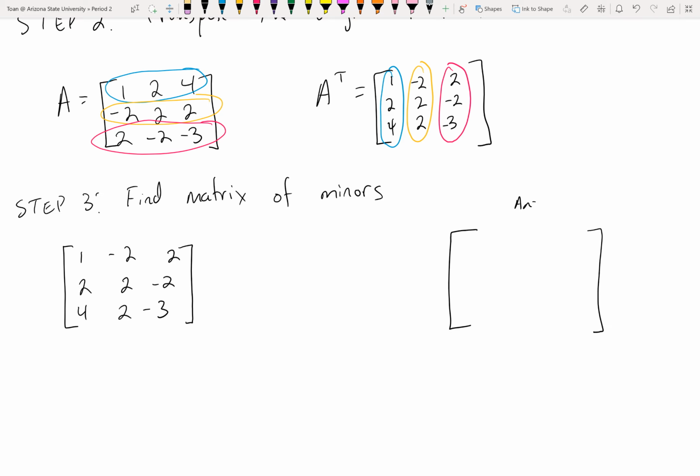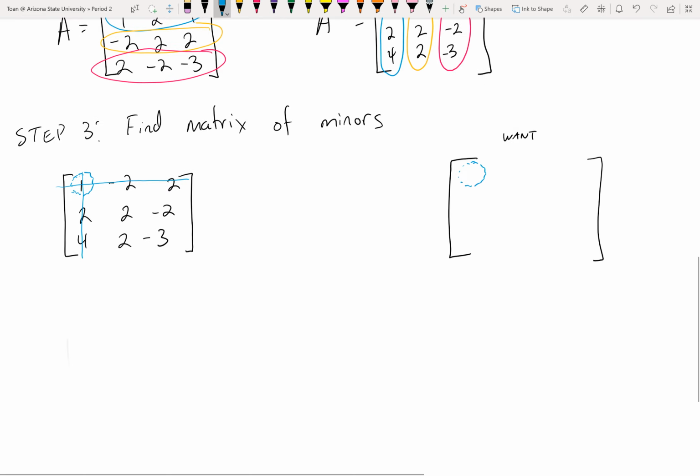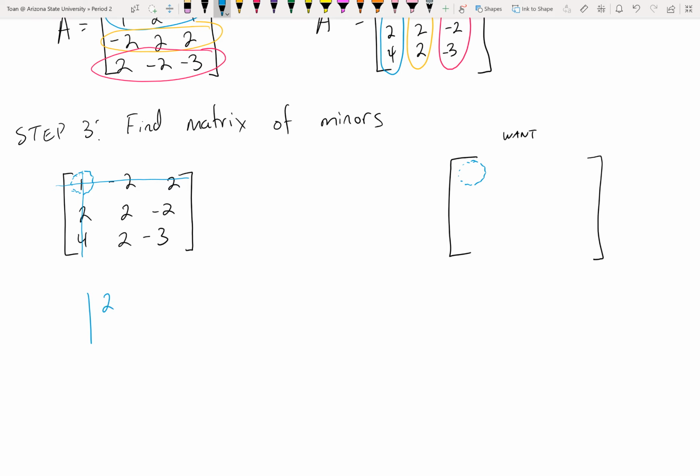Or not answer, but this is what we want. So I've got to fill in something in that position. What will go in there? Well, you see how this is the same position in our matrix here? If you were to delete this row and that column, what's left over? 2, negative 2, 2, and negative 3. What you do is you find that determinant, 2, negative 2, 2, negative 3.